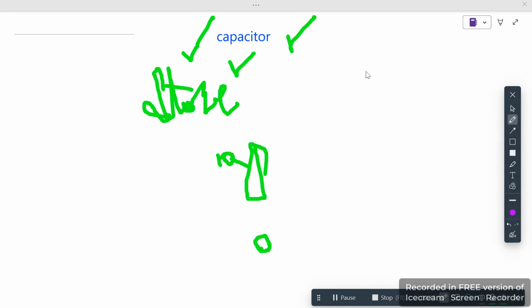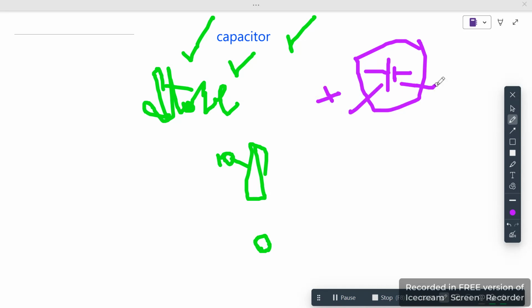The difference is, if you find a battery symbol, one part is a little long and the second is smaller. This is the quality of a battery: the longer one has the positive charge, and the smaller one has the negative charge. Whereas if the plates attached are equal in size, like this, that is known as a capacitor.